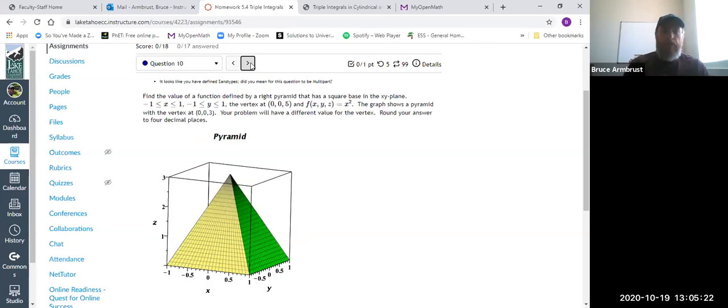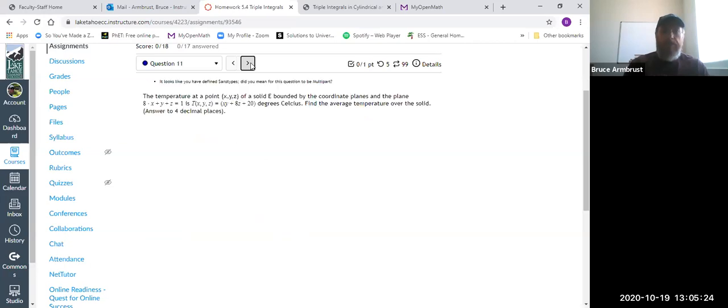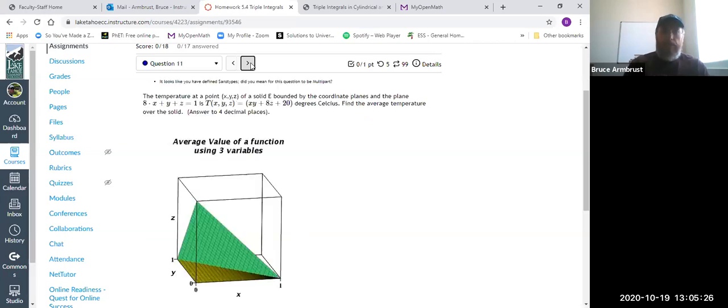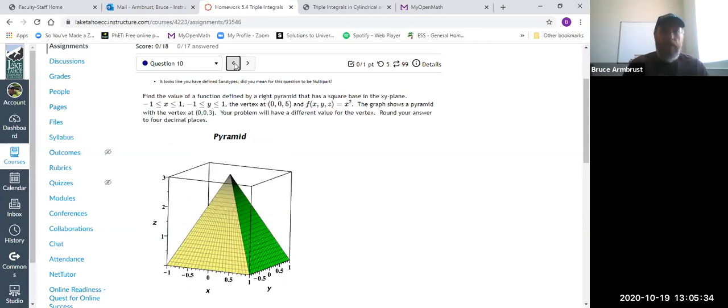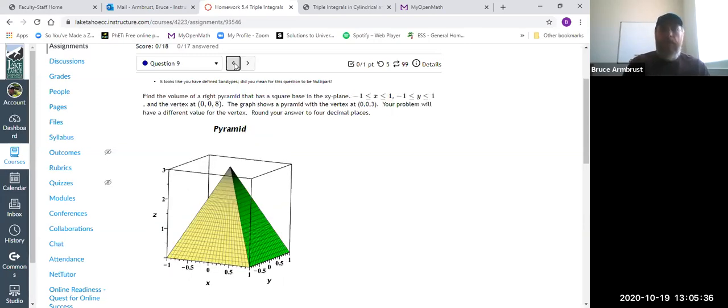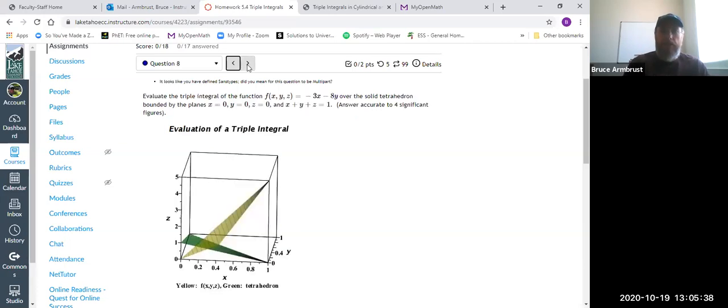And then number 11, temperature, solid bounded by planes given by this. Find the average temperature. All right, we can at least get them all set up. We'll talk about all of them. I don't know how far we'll go, but let's start with number 8 here.